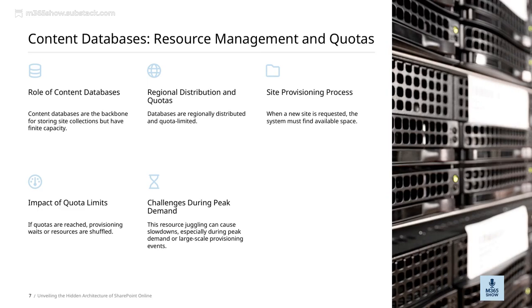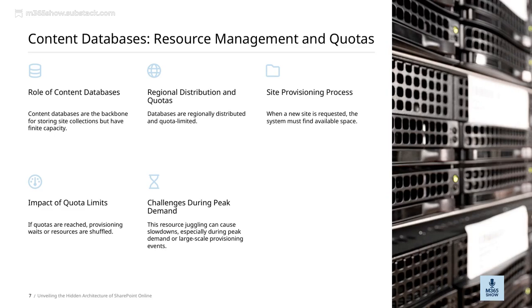When demand is high and quotas are reached, the system has to get a bit creative. It may need to wait for resources to free up or shuffle existing resources around to accommodate new site requests. That's what we mean by provisioning waits or resource shuffling during these peak periods. Before a new site can be created, the system needs to find available space within the relevant database.